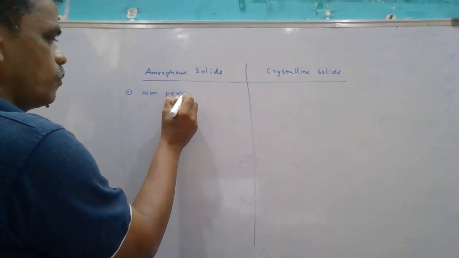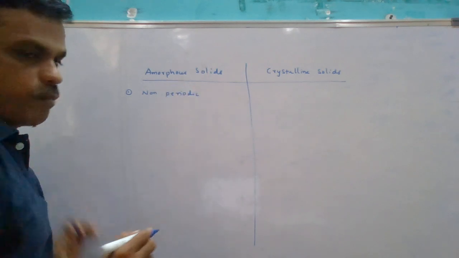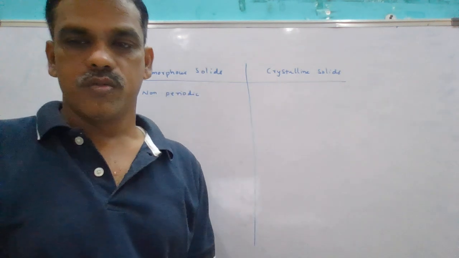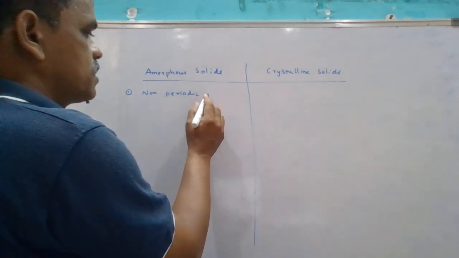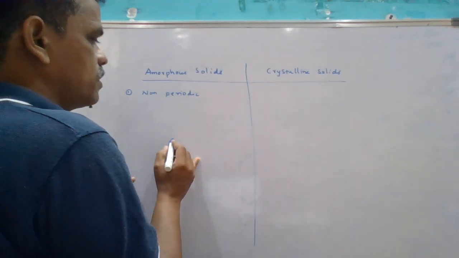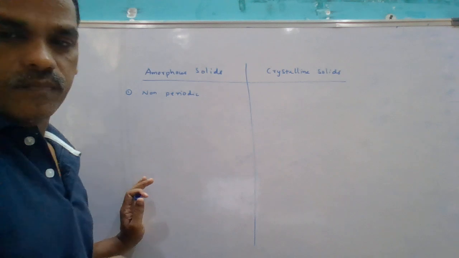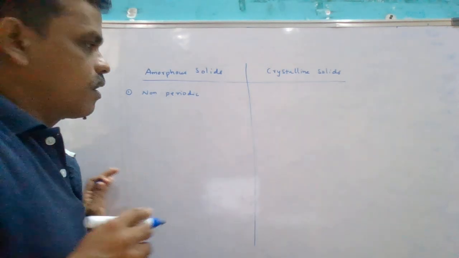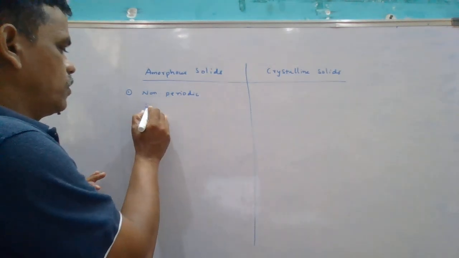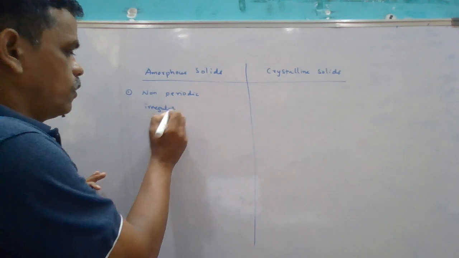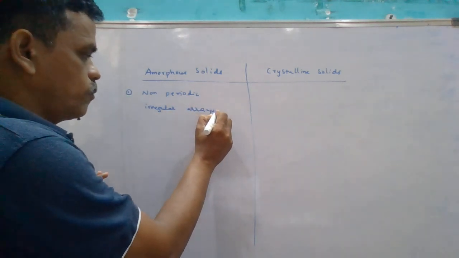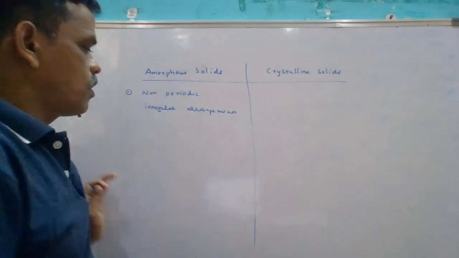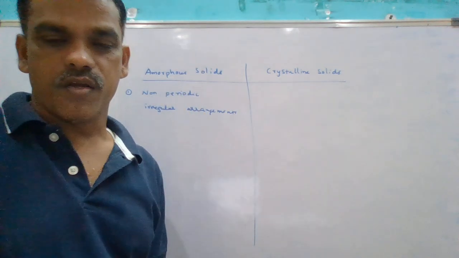Non-periodic. The crystal structure will be non-periodic. It is not repeating. And irregular arrangements. Non-periodic irregular arrangements.